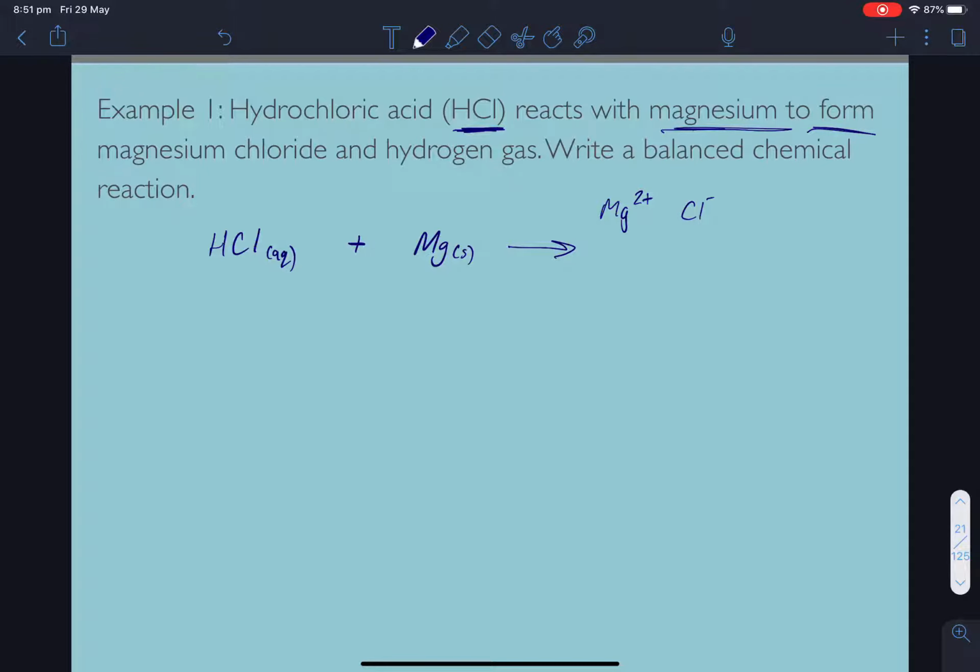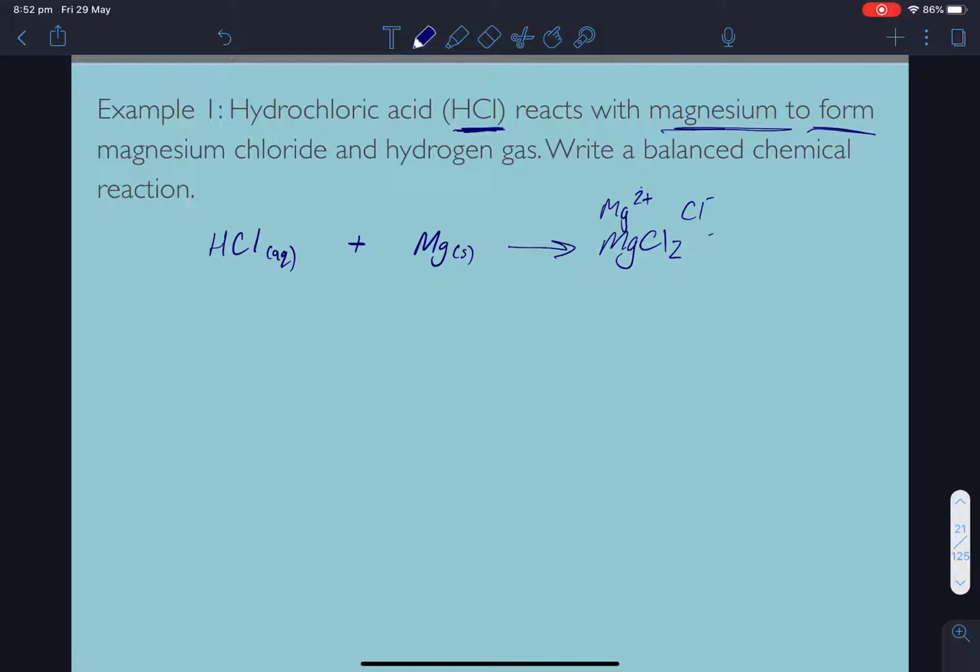Now a number of these are going to attract because they're oppositely charged until they've formed a neutral compound, or in a ratio that fills an ionic lattice. Because it needs to equal 0, I'm going to need 1 magnesium, which brings a 2+ charge, and I need 2 chlorides to bring a 2- charge down to 0. So the formula for magnesium chloride is MgCl2.